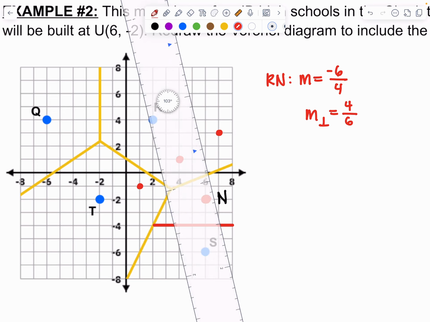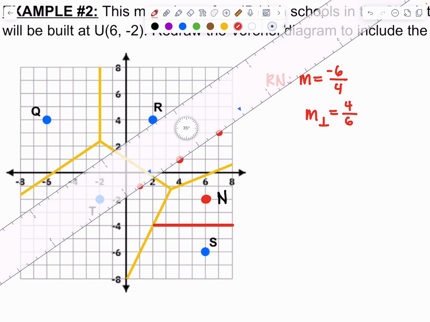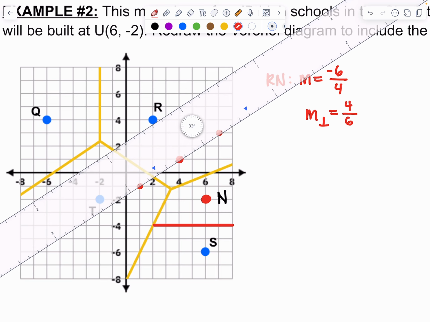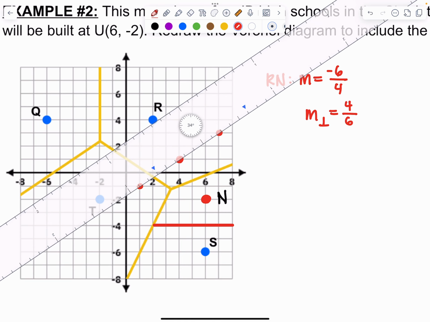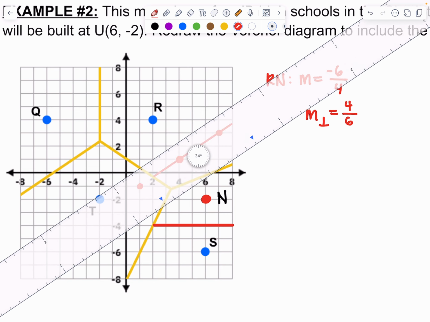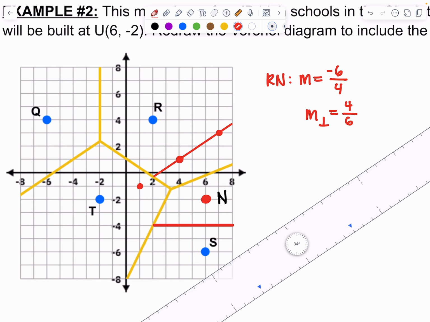So now I'll draw that line. Erase those points, because the only point I want to see is the site.